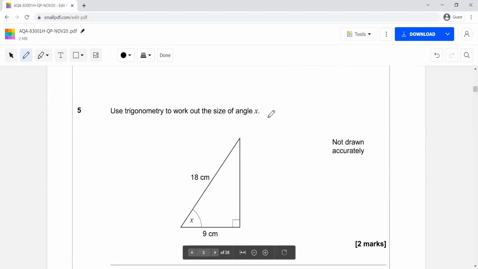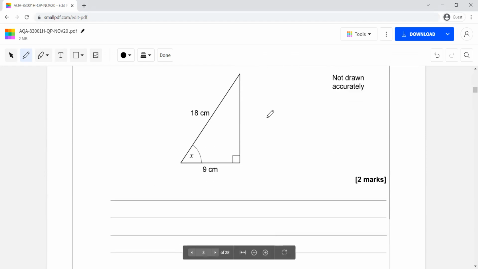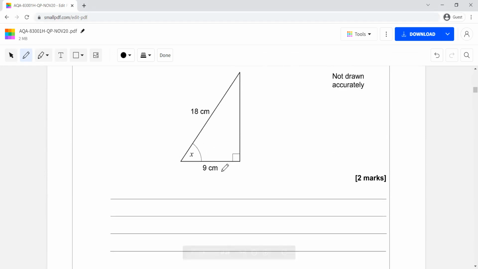Question 5, use trig to work out the size of angle x. So we are given that the hypotenuse is 18 centimeters and the adjacent side is 9 centimeters. So remember SOHCAHTOA, right? If you just can't see that it's cosine that we're using straight away, remember SOHCAHTOA. And we are given the adjacent side, adjacent ADJ, and hypotenuse.